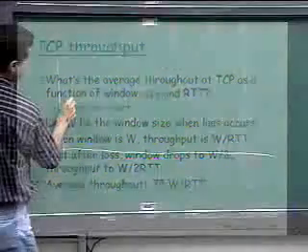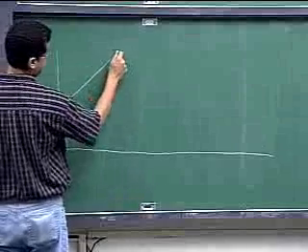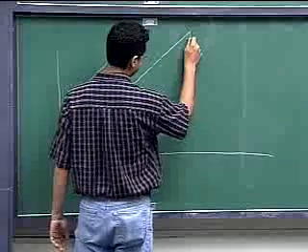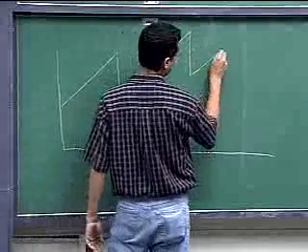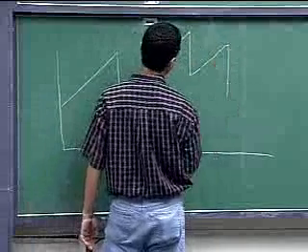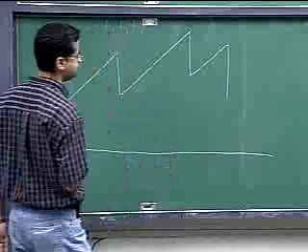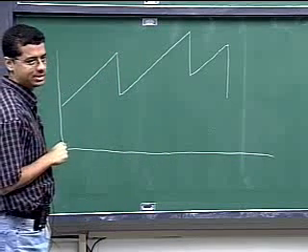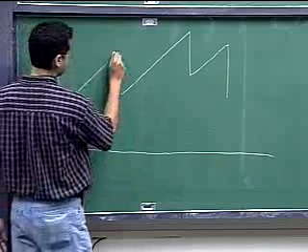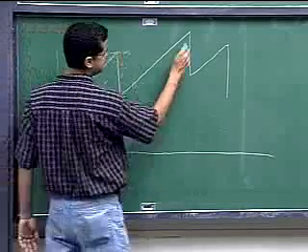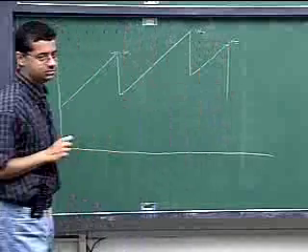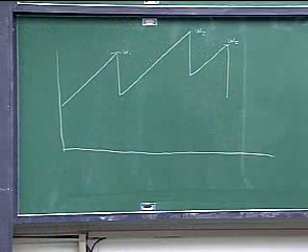So if you ignore slow start, the window size is going to grow, then it cuts down to half, and it grows again, then it cuts down to half, grows, right? So when loss is occurring, this is your W1 when the first loss occurred, W2 when the second loss occurred, W3 when the third loss occurred.